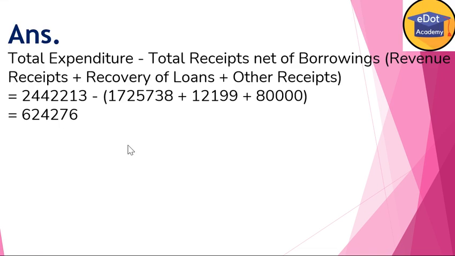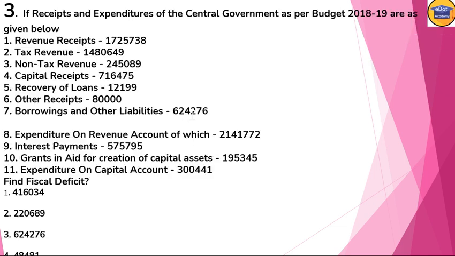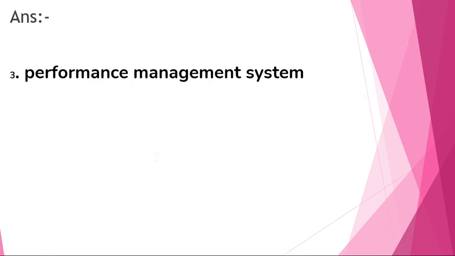You can calculate the fiscal deficit by formula also: total expenditure minus total receipt net of borrowing. From total expenditure you subtract total receipt, and in this total receipt you always take revenue receipt, recovery of loan and other receipts. If you do this, you will get the same as net borrowings only.